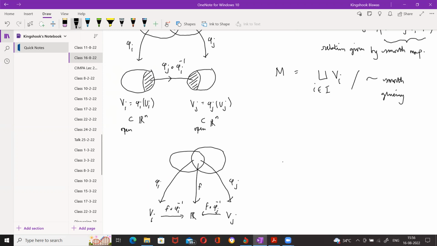But F composed phi j inverse is F composed phi i inverse, composed with phi i composed with phi j inverse, and this is nothing but the change of charts map. This is a C infinity diffeomorphism.